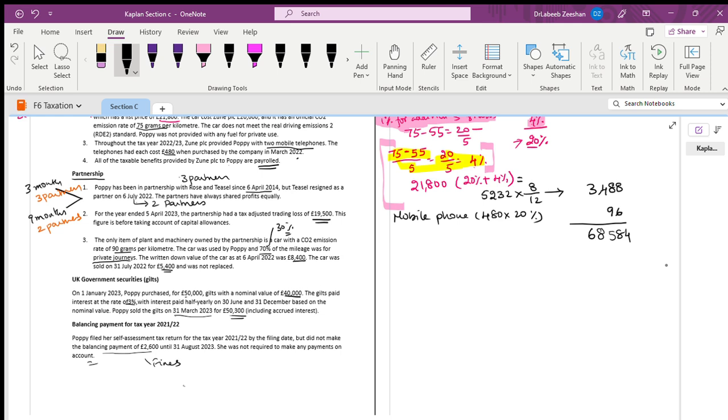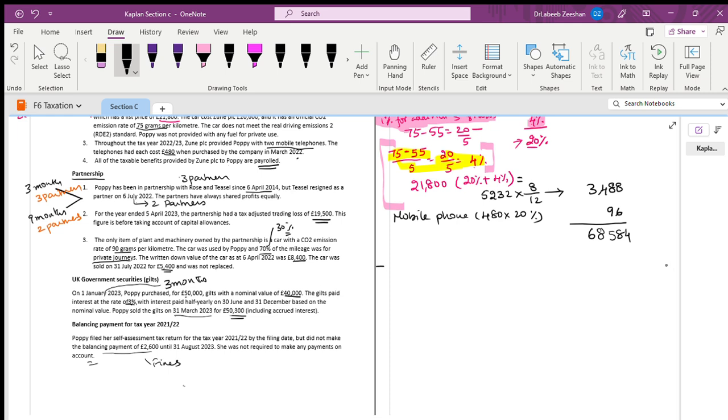See, this is January 1st. Is it right? January, February, March. The year starts on 6th April. Is it right? It is for how many months? 3 months. What is the nominal value? 40,000. What is the rate of interest? 3%.